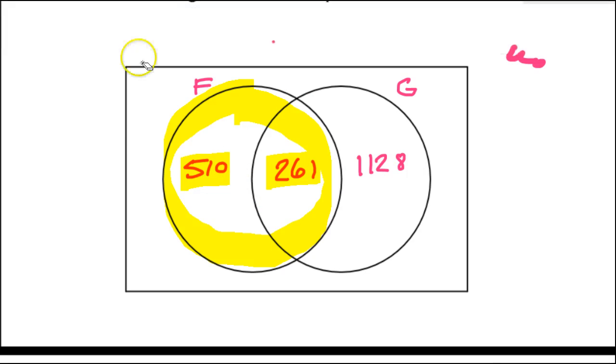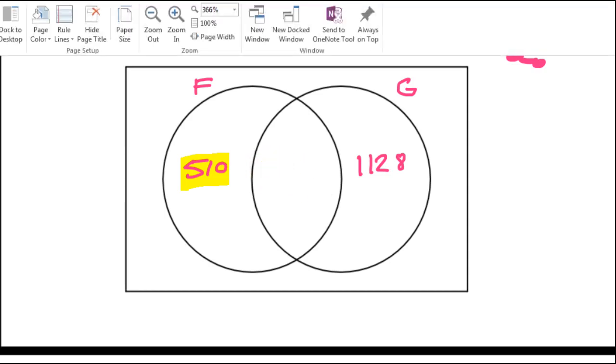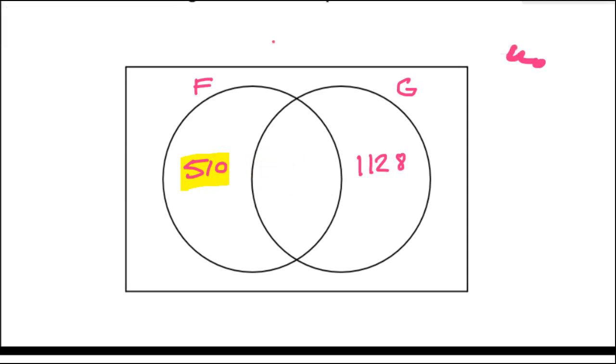So the correct thing to do is to start with your 261, the overlapping part. I guess I need to do that over. Okay, start with the 261 in the middle. But then recognize that when you come to the 510, you need to subtract that 261 to figure out how many are left to be in this area.